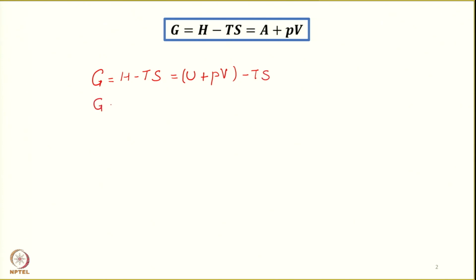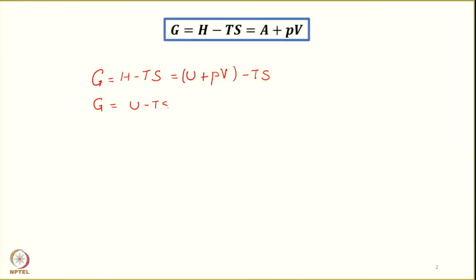So now the new form of this is U minus TS plus PV. I am just rearranging it so that we can recognize this U minus TS, which is Helmholtz function. That means I can now define G also as G equal to A plus PV. We have now Gibbs function in terms of Helmholtz function and pressure and volume.